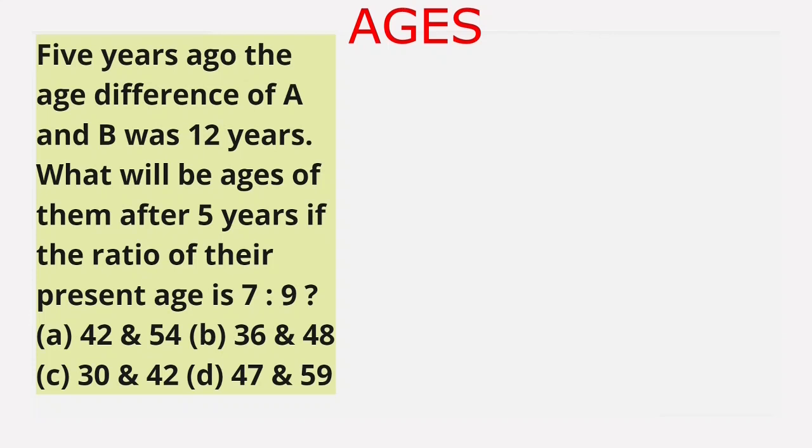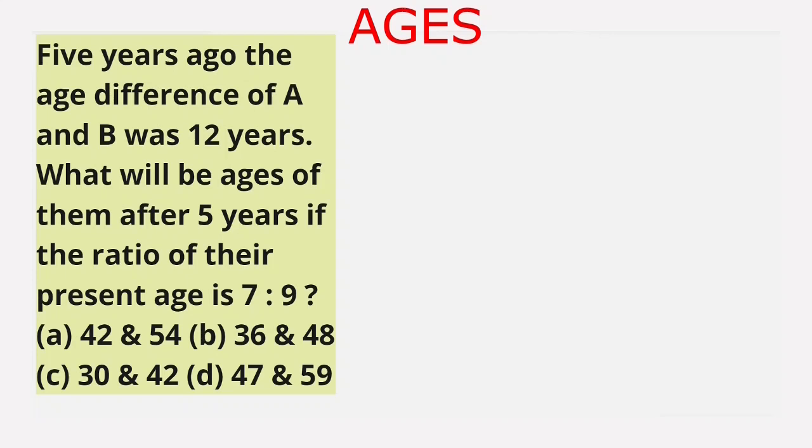One thing I wanted to say to you is that this line has no meaning, as the age difference remains the same. If it was 12 years 5 years ago, then it will continue to be 12 years for the entire age.